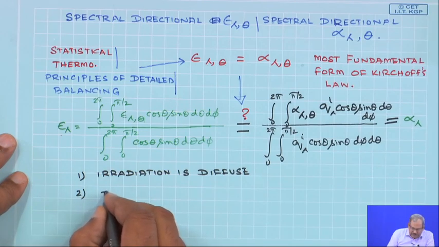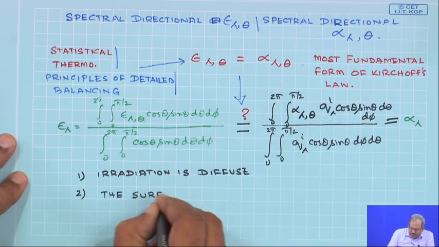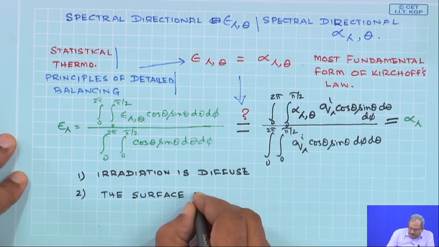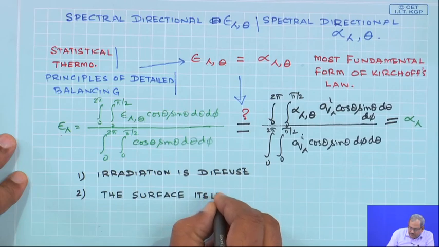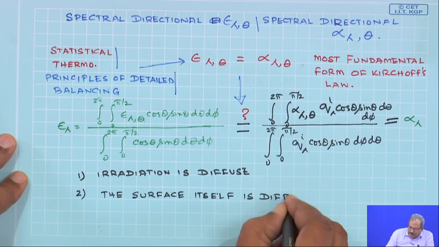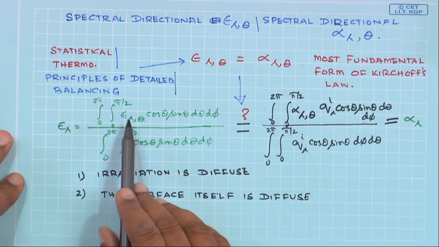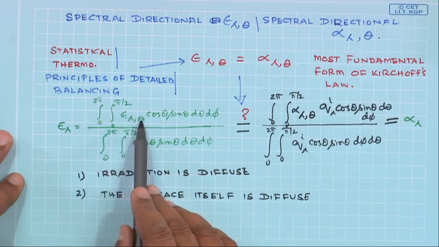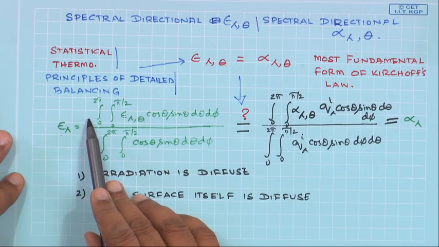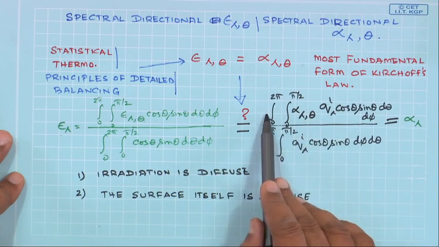Second is that the surface is diffuse. So, what is the advantage of making this assumption? If the surface is diffuse, then epsilon lambda theta does not depend on theta, so this can be taken outside, and alpha lambda theta does not depend on theta, so that can also be taken outside.